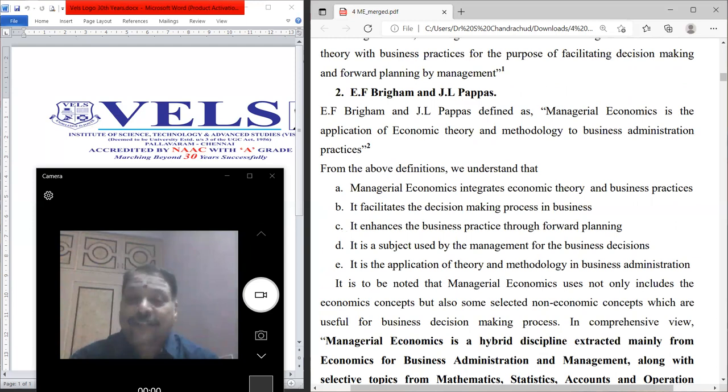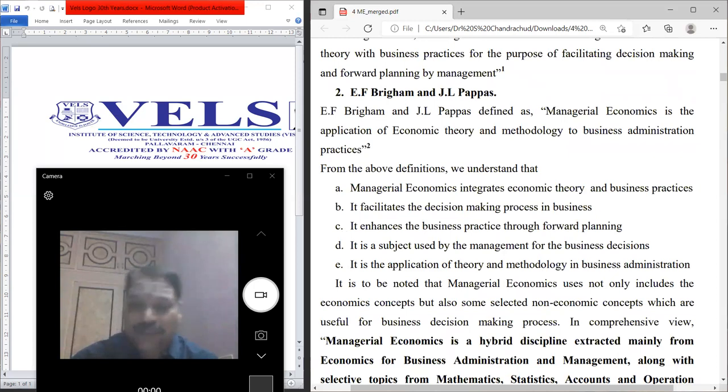It facilitates the decision-making process in business. It enhances business practice through forward planning. It is a subject used by the management for business decisions. It is the application of theory and methodology in business administration.